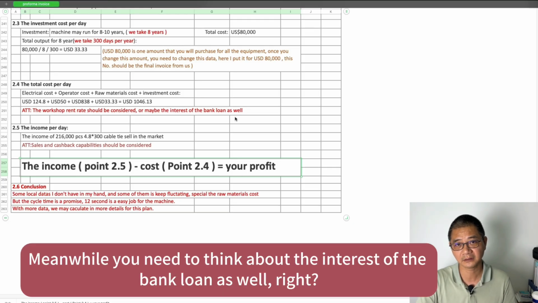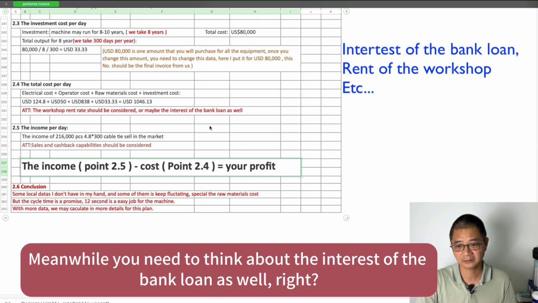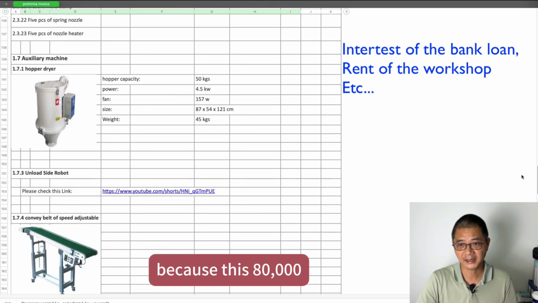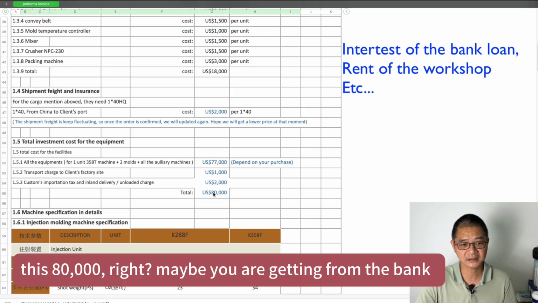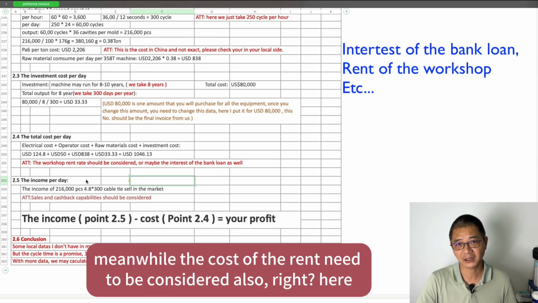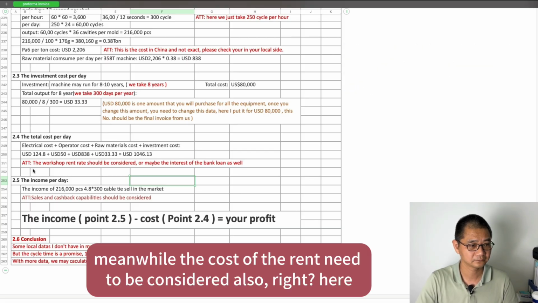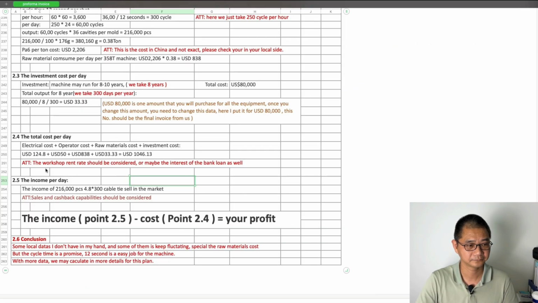Meanwhile, you need to think about the interest on the bank note as well, right? Because this 80,000, maybe you are getting it from the bank. Meanwhile, the cost of the rent needs to be considered also. Right here.